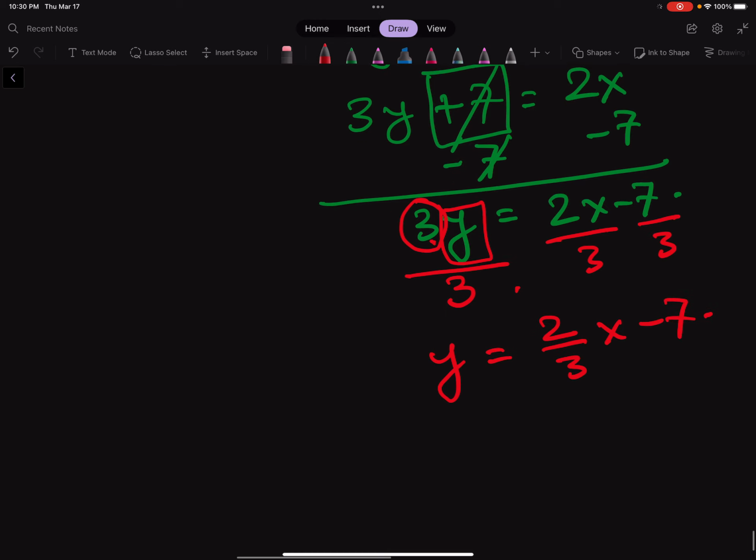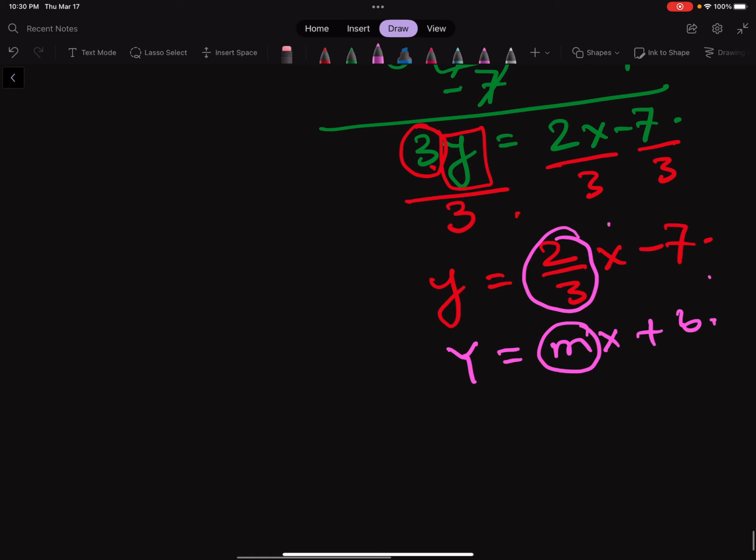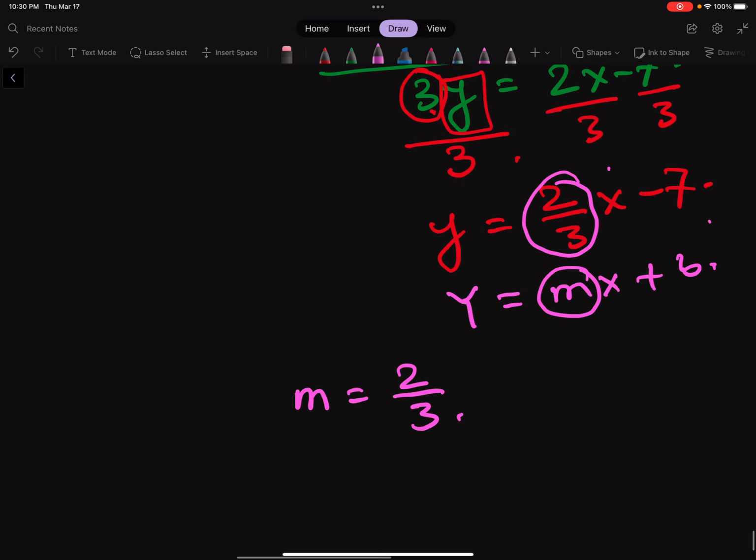Now we can compare this equation with our mx plus b. We don't need this b, so we are not bothered about that. We are only bothered about the slope. So now we got the slope of our given equation, m equals 2 over 3. Now remember, you are writing a new equation which is parallel to this line.